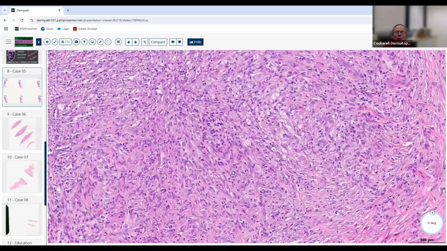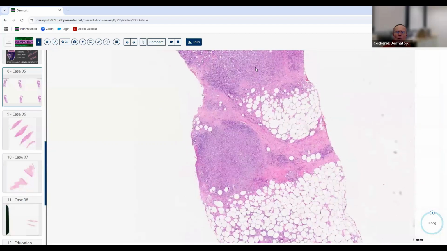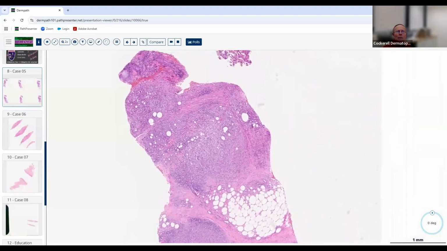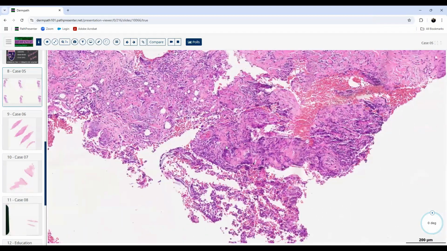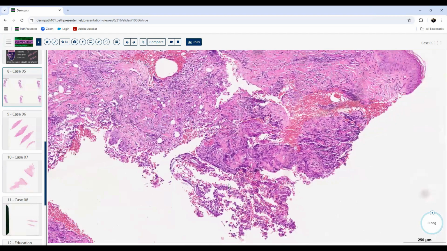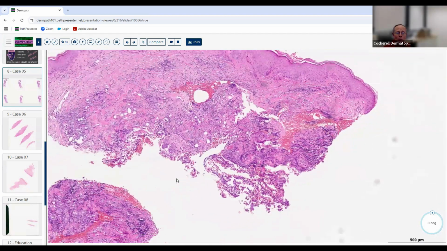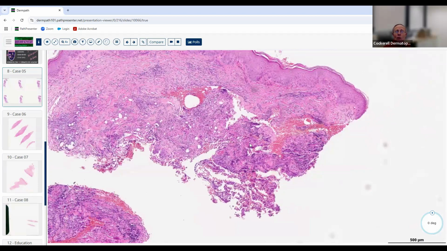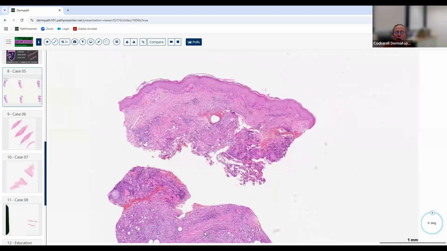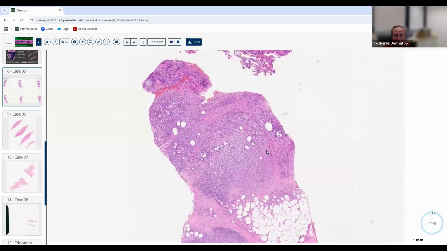Okay, so what do you start thinking about when you see this pattern? Well, I initially thought possibly infectious. Good. You should think infectious. Absolutely, you should think infectious. That should be very high on the list when you see this pattern. Notice that it's not sarcoidal, right?